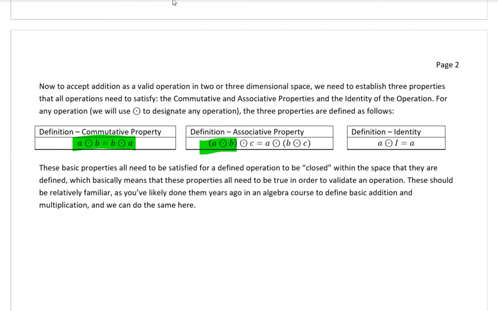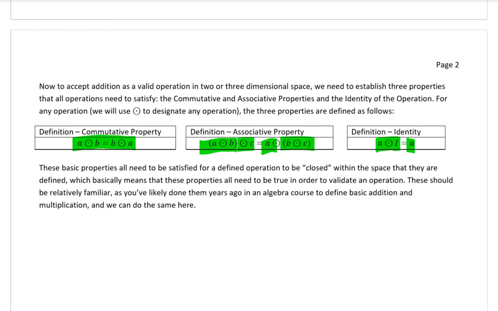If you associate two values together and then you do another operation on that, that's the same as doing the last two values and then the operation of the first. You can associate it in any direction possible. And lastly, there's also what is called the identity for that operation. The identity is some value I, such that when you operate with that, you get the same thing back.